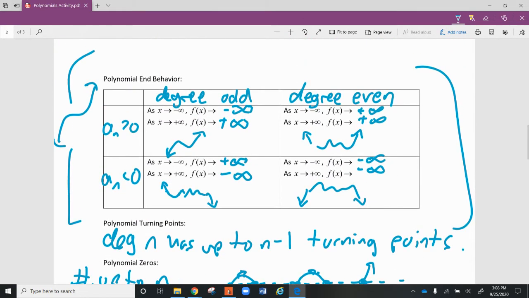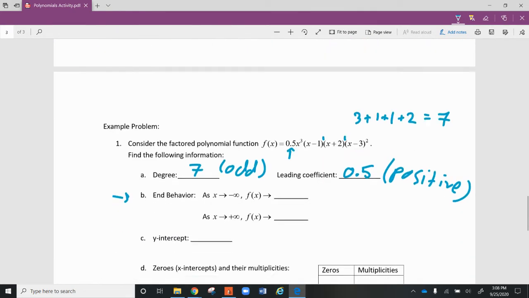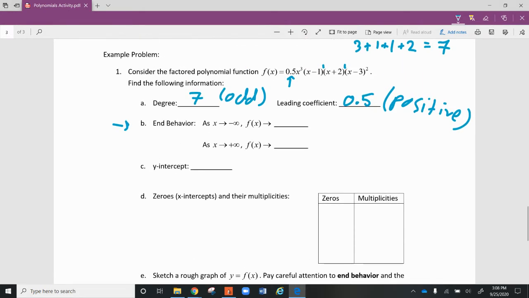When we have an odd degree and a positive leading coefficient, we're in this situation. So it means it's going to be going down on the left and up on the right. So we can answer, as x approaches negative infinity, f of x should also be approaching negative infinity. And as x approaches positive infinity, f of x should be approaching positive infinity. So that is the positive leading coefficient odd degree case.